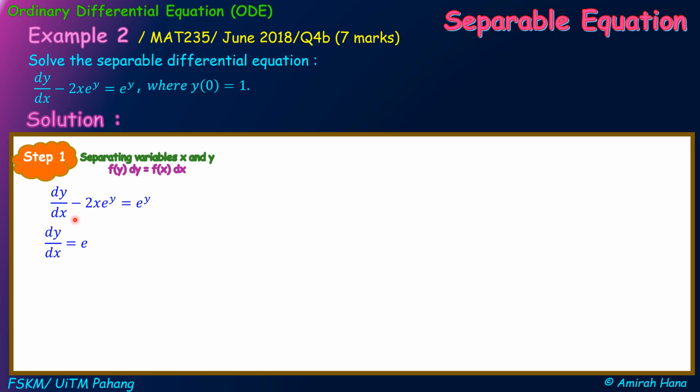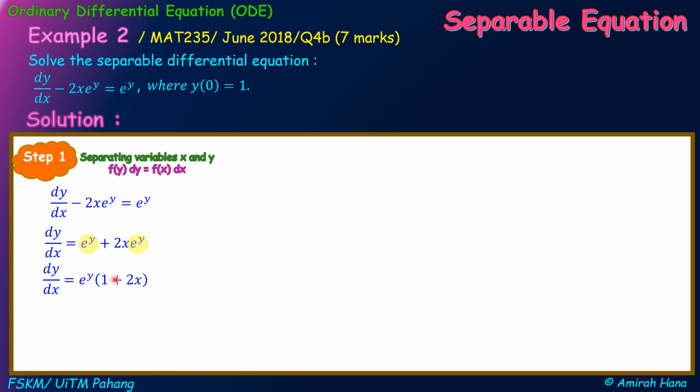So from the given question, what we should do is move the subtraction to the right hand side. Then we have plus 2x e the power of y. Now all terms on the right hand side contain e the power of y, so we can factorize e the power of y.